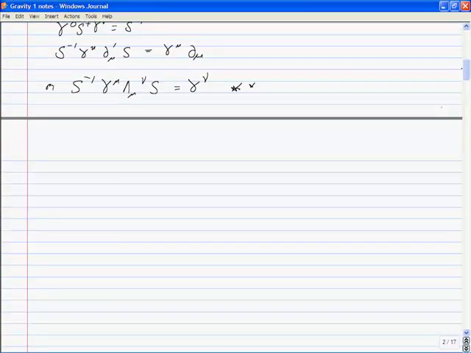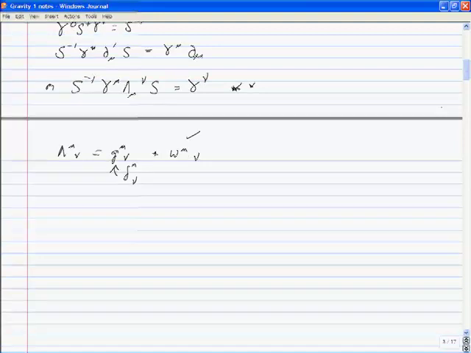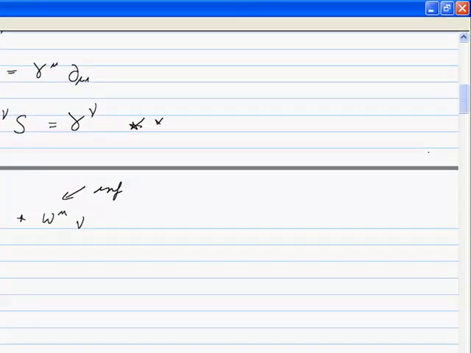So there's my condition for the invariance of the Dirac equation. The easiest way to do this is to write Λ^μ_ν infinitesimally as, with one upper and one lower index, δ^μ_ν plus some ω^μ_ν. So this is now infinitesimal.